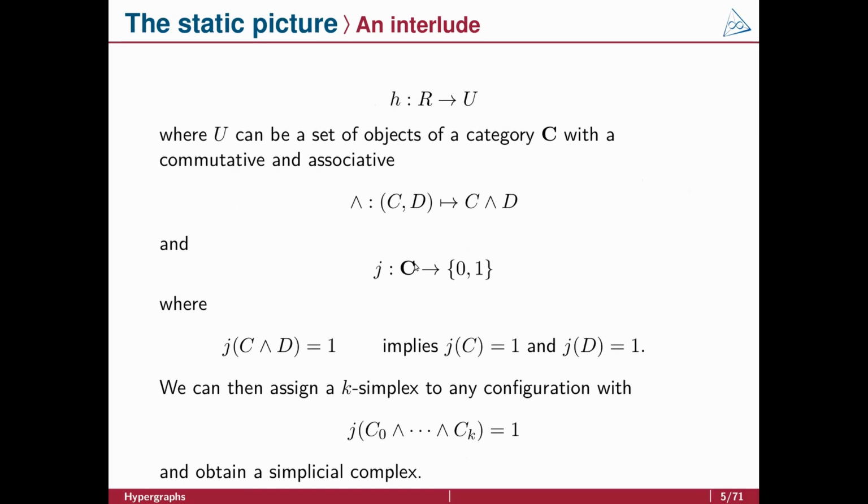We could even be a little more general. U need not necessarily be a power set of another set. It can also be a set of objects of some other category C, which has some commutative and associative relation. And then we have some map to 0, 1, and we assume that whenever the intersection or the wedge of two elements gets the image 1, then they also individually have the image 1.